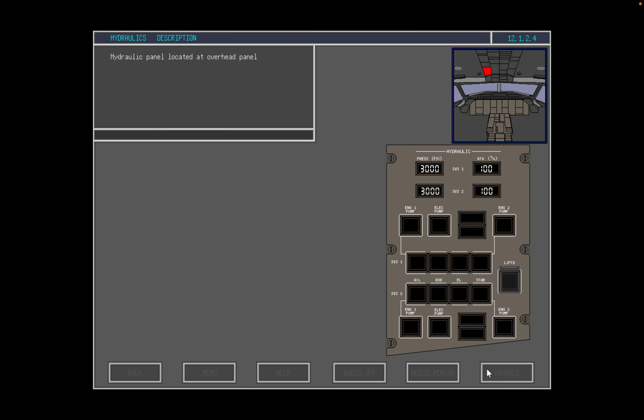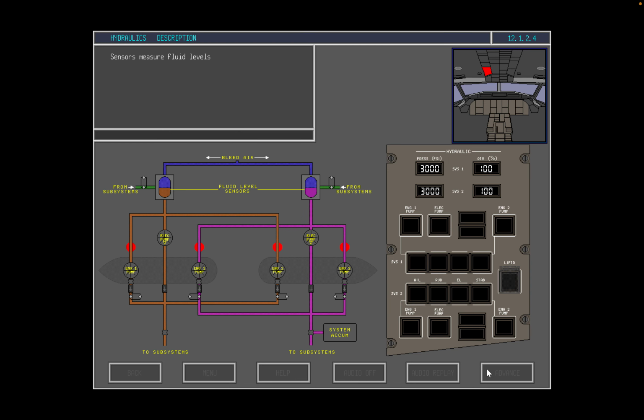Controls and indicators for the hydraulic system are located on the hydraulic panel in the flight deck overhead panel. Sensors at the hydraulic reservoirs measure fluid levels. These levels are displayed at the hydraulic panel as a percentage of total tank capacity.